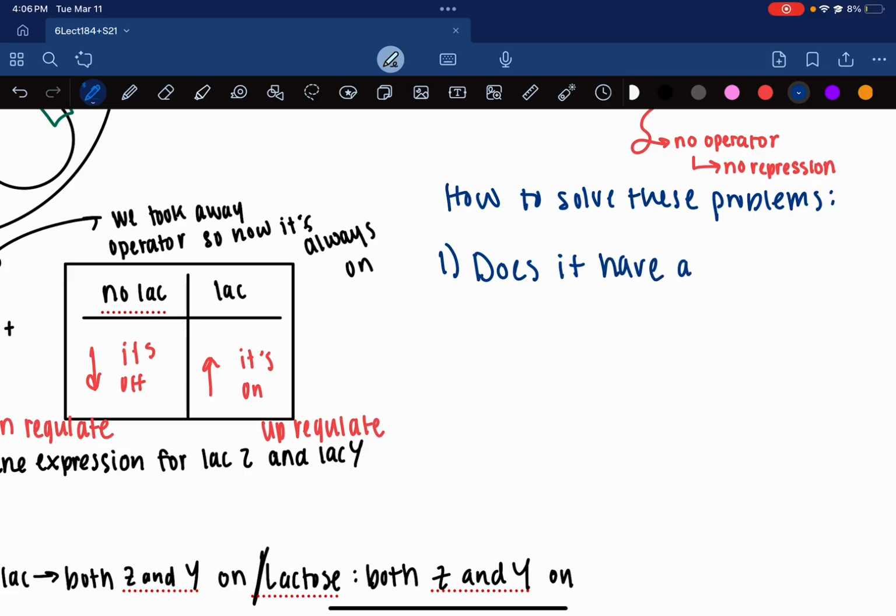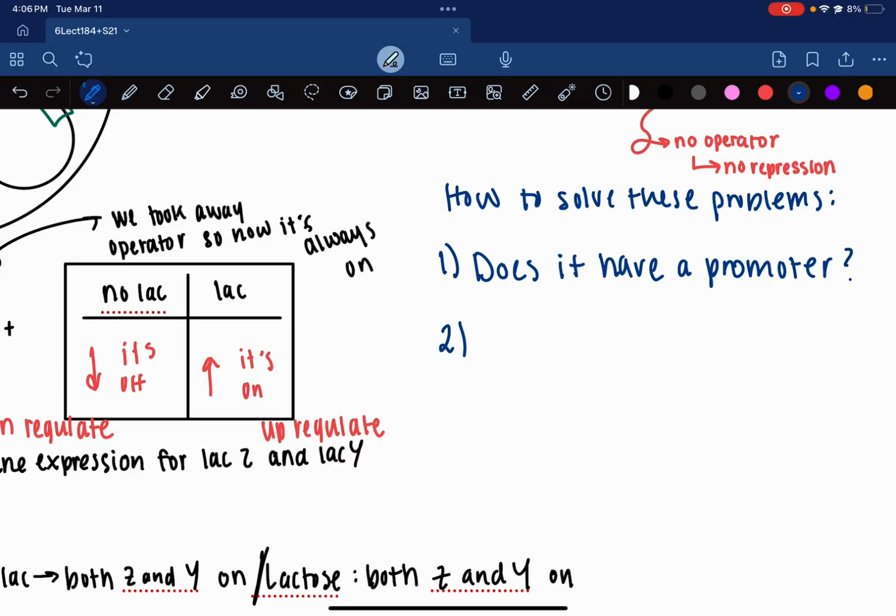So what you have to think about is what is the purpose of a promoter? And we started off today talking about that. The promoter is found by RNA polymerase to be able to start the transcript. And if I told you the promoter's gone, you're never going to make anything out of it at all. So you stop the problem if you don't even have a good promoter. It's done. I don't care what else you draw. The promoter has to be there.